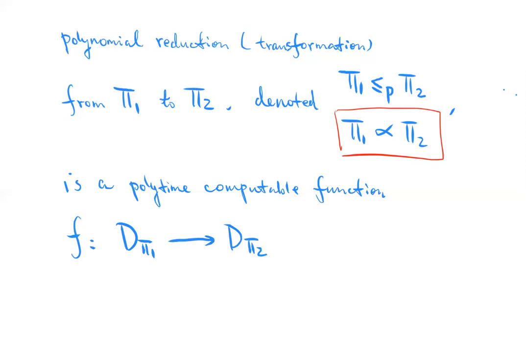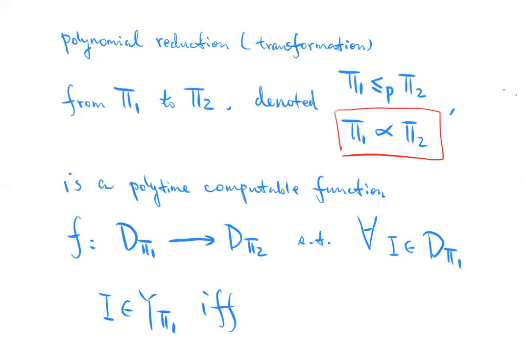So the key requirement is that for every instance of the first problem, in the domain, in the notes I just write it as pi, it is a yes instance of the first problem if and only if its image is a yes instance of the second problem.